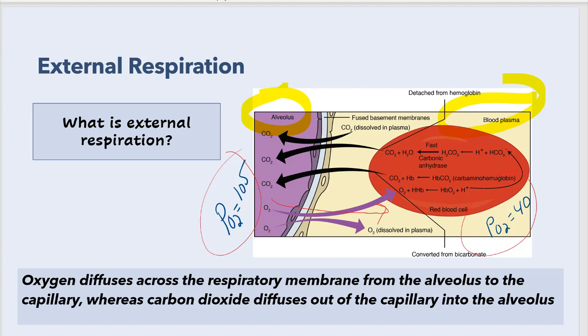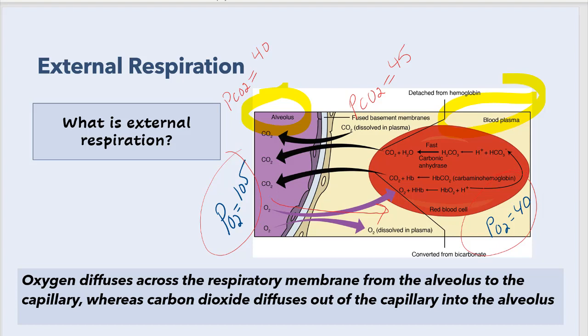For CO2, on the other hand, it's the opposite. The CO2 pressure in the blood is higher than the CO2 pressure in the alveoli, because the blood that is carrying the CO2 back from the tissue has a pressure of around 45, and the pressure here is about 40.